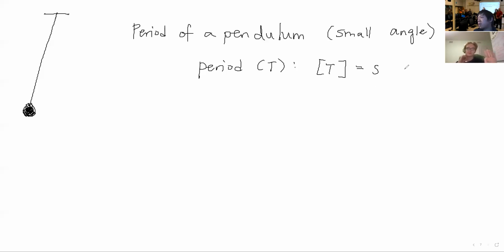Yeah, R, what is R? I think he means the length of the string. Do you mean the length, Ivan? Yes, okay. So I'm going to call the length L. We have L, we have G. Anything else?